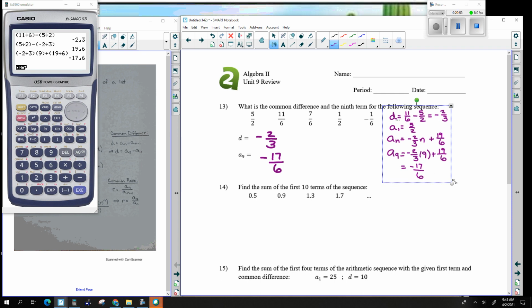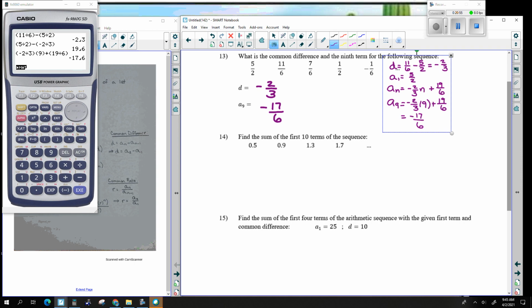Okay, now we're getting into summations. So the first thing that we need to do is know, is this geometric or arithmetic? If this is arithmetic, then this would be 0.9 minus 0.5.